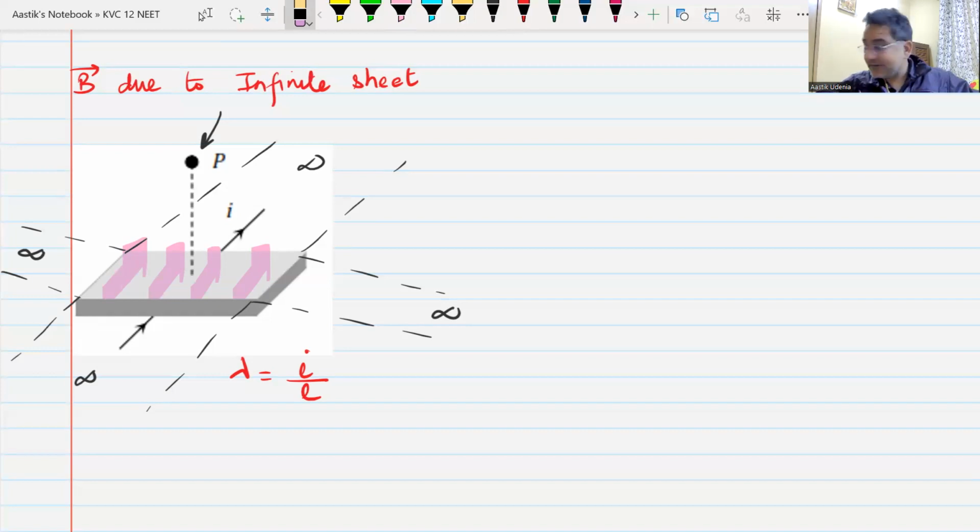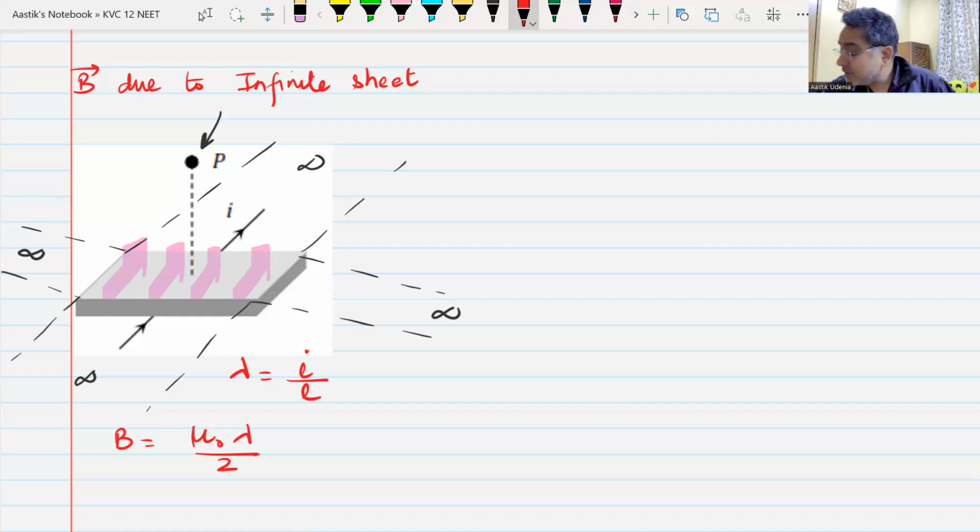Current divided by length. Do we understand this? Yes, sir. If I find the formula of this magnetic field, the formula will come like this: mu naught lambda by 2.